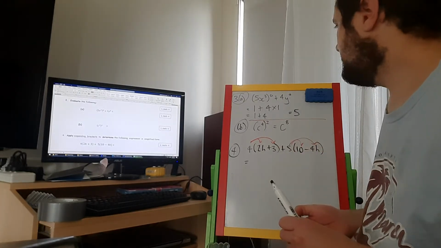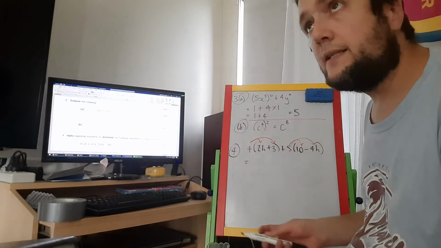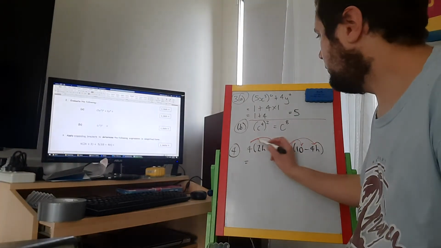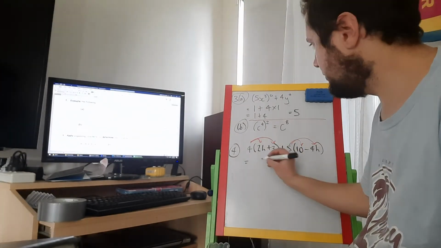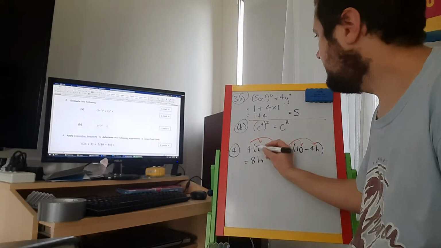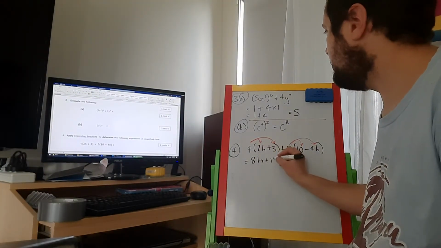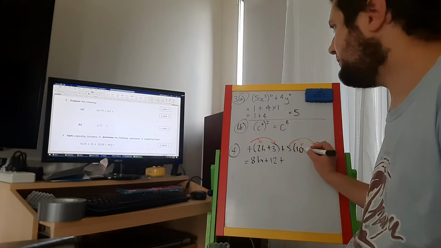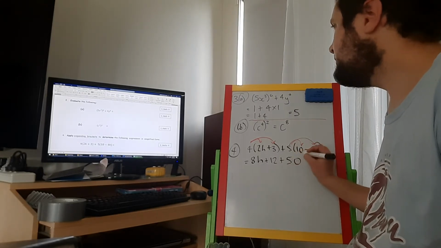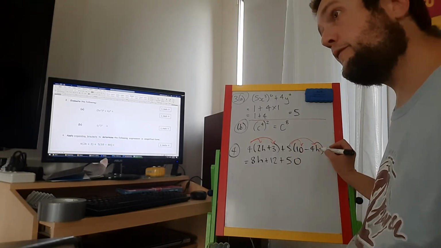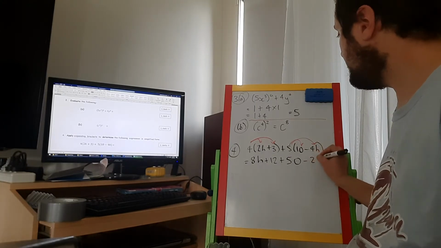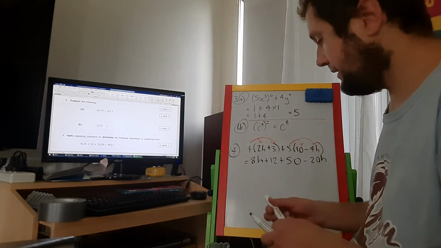All right, this here, question 4 says expand everything and simplify where possible. So I'm doing my brackets there so you can see all the work. So 4 times 2h, 4 lots of 2h is 8h. 4 times 3 is 12. 5 times 10 is 50. 5 times negative 4h is negative 20h. You can then combine some things.